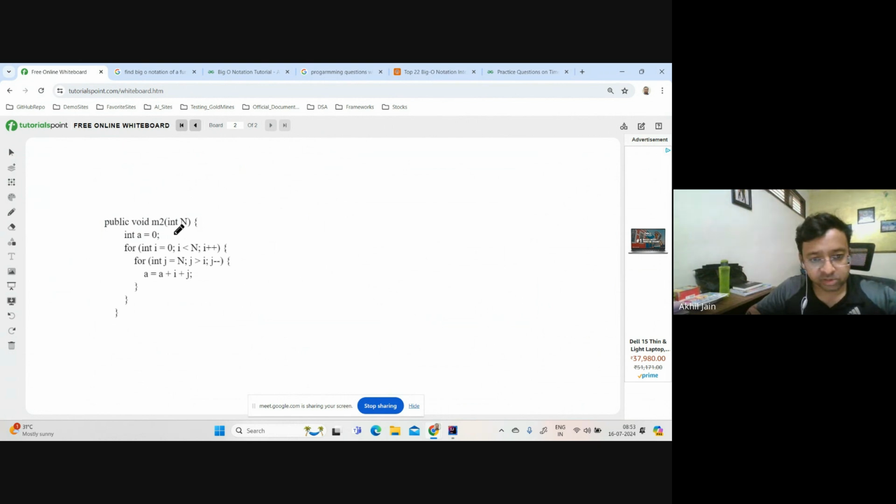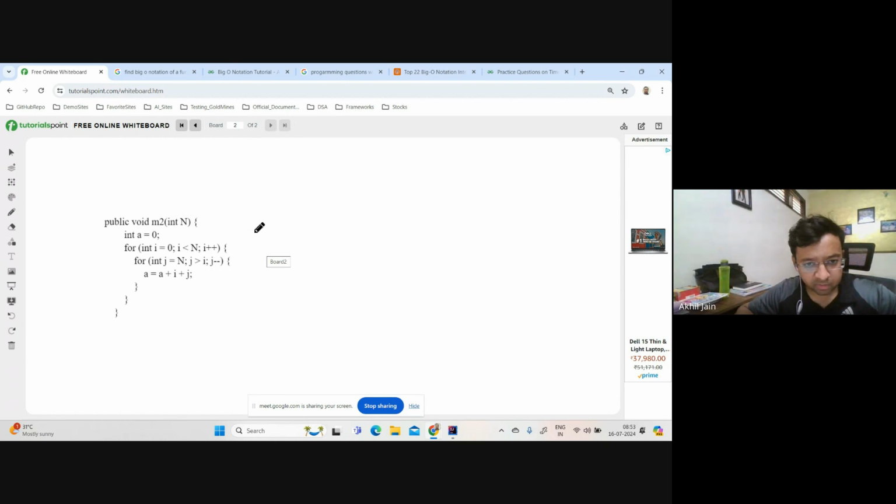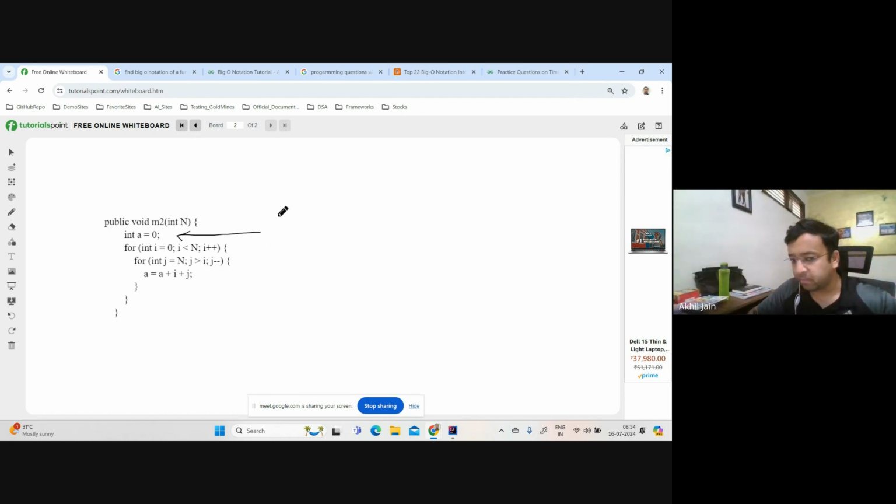Sudhakar, you tell me, how many operations do you see here? Let's count every operation. So is this an operation? Yes, the first one is an initialization, it's an assignment operation.